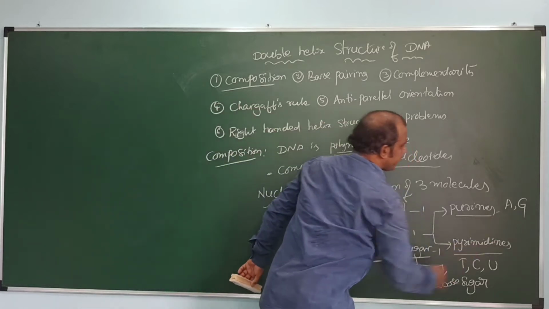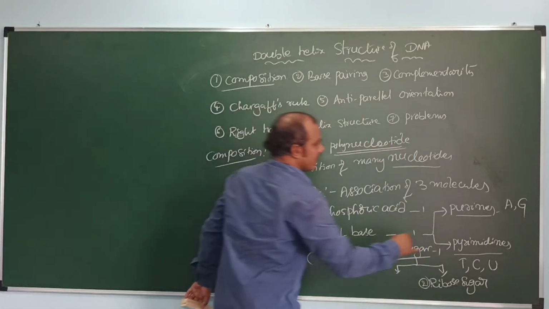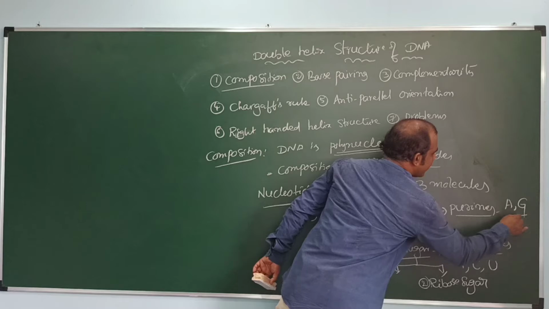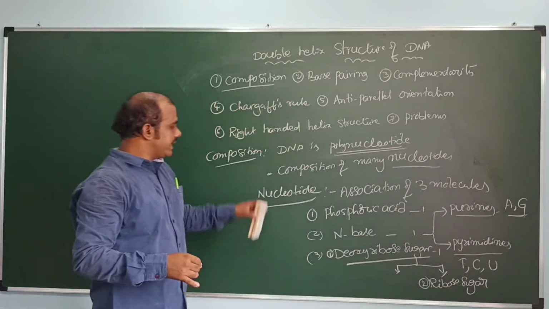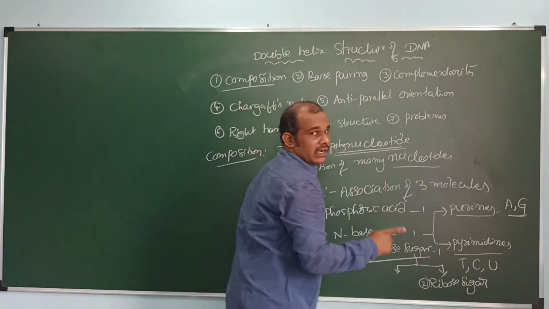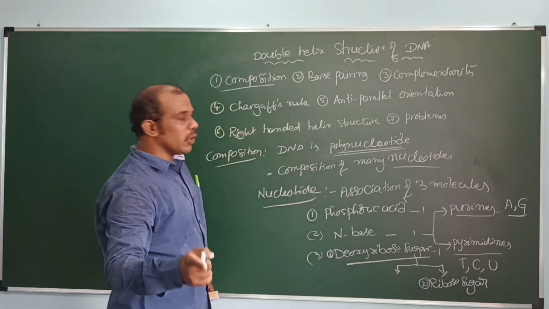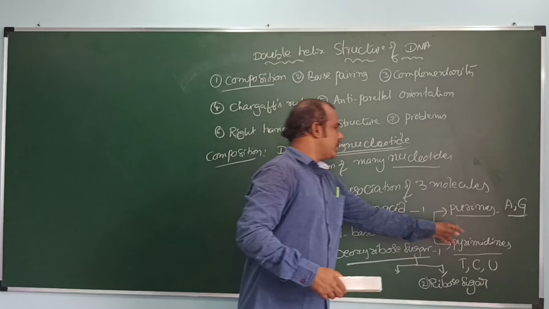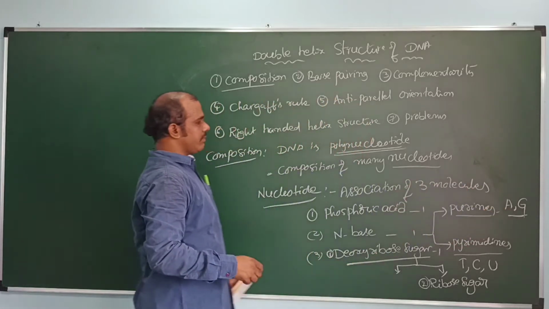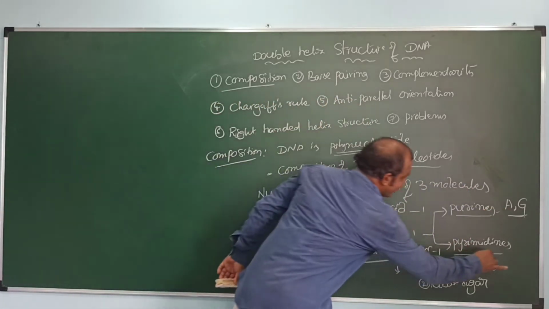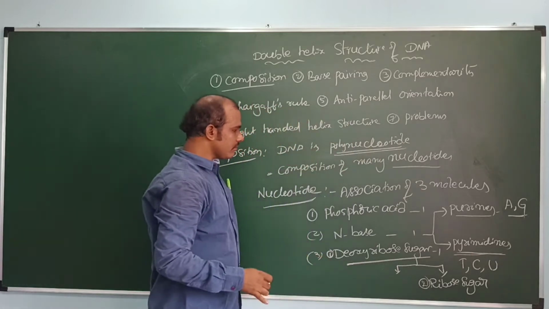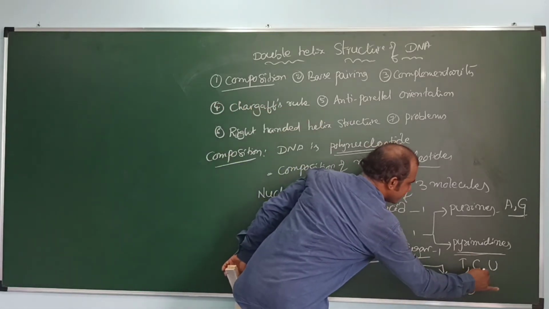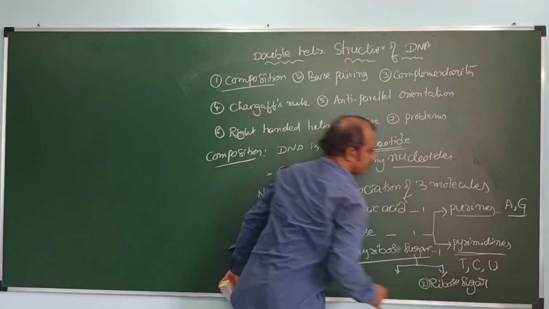And there are purines which we mentioned earlier, that is adenine and guanine. These are also present in DNA, and only one purine is there in one nucleotide. There are three types of pyrimidines, that is thymine, cytosine, uracil.